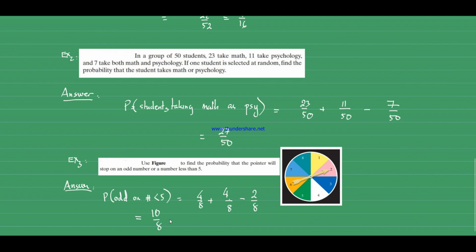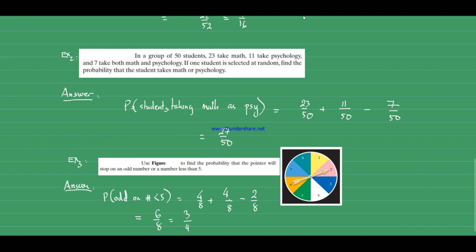So 10 over 8 will be 5 over 4. Oh, this is 6. I'm sorry. I feel sleepy now. Maybe that's the reason. 6 over 8 should be 3 over 4.